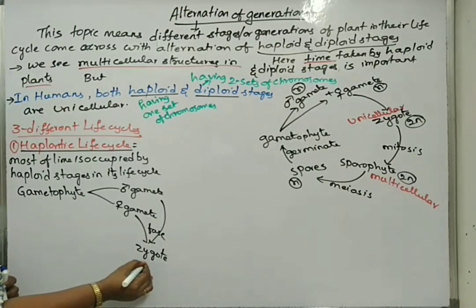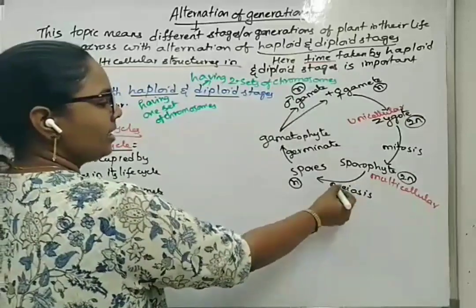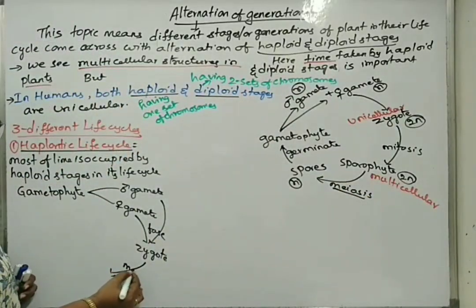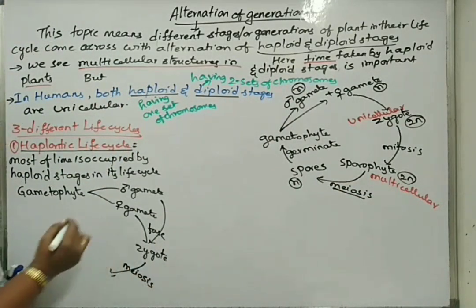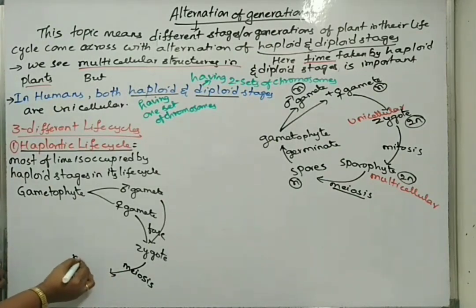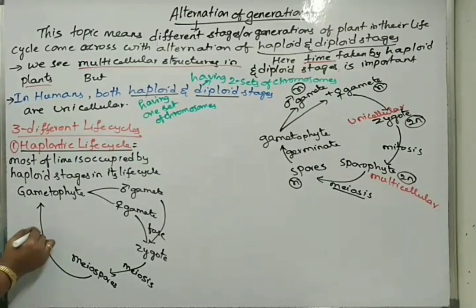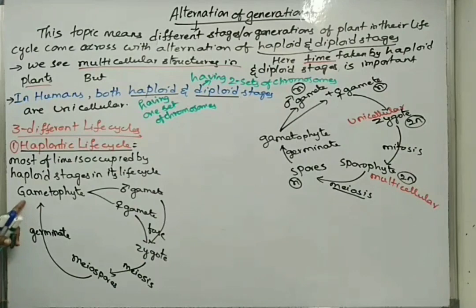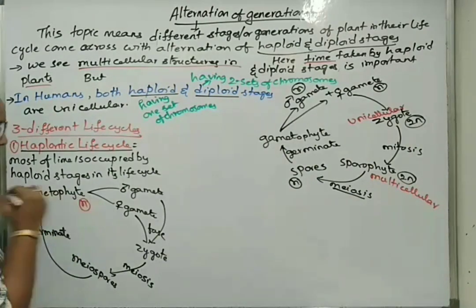Now here, in some organisms which show a haplontic life cycle, the zygote itself undergoes meiotic division and produces meiospores. These meiospores again germinate and form the gametophyte. Now we will see the ploidy. The gametophyte is haploid in nature.